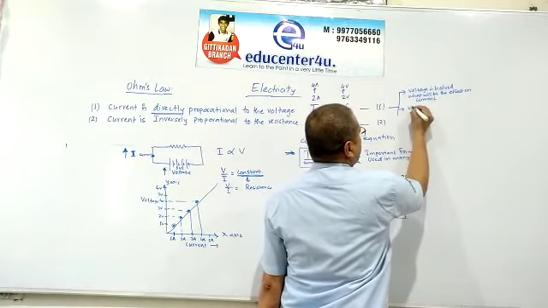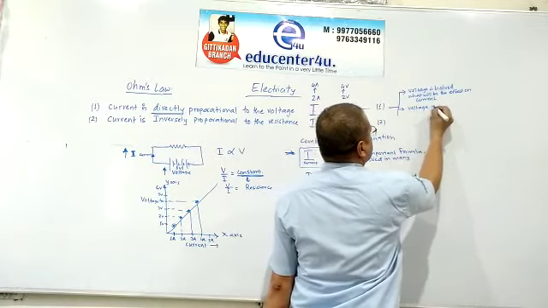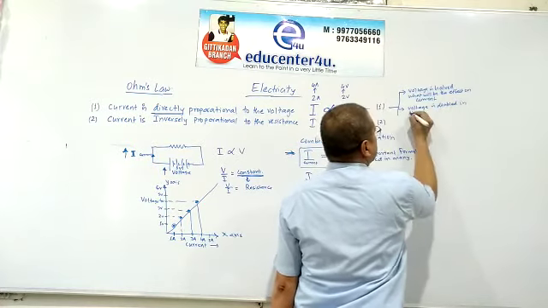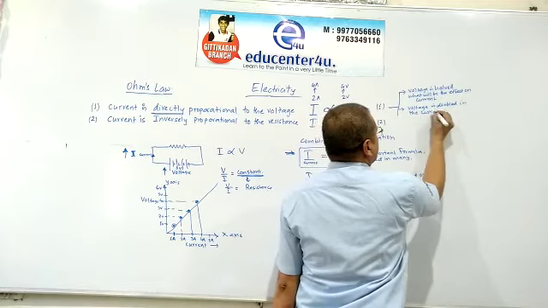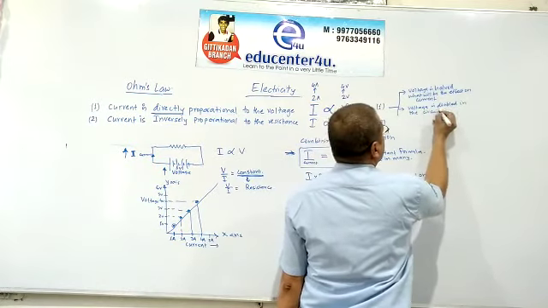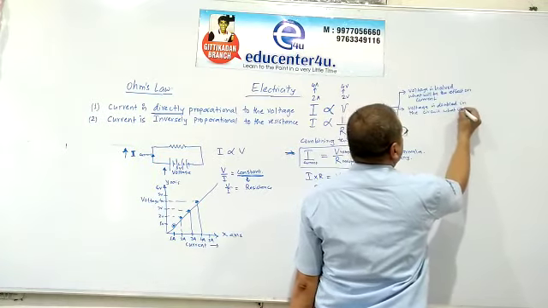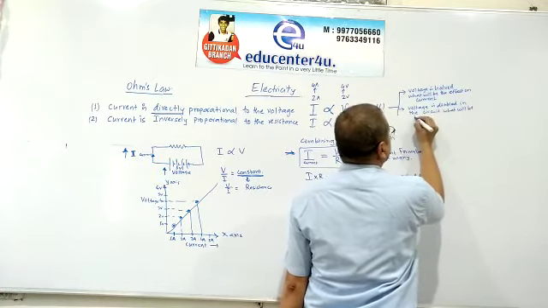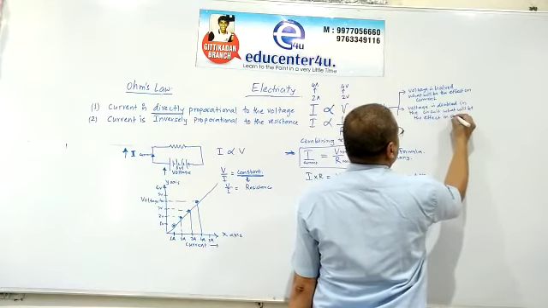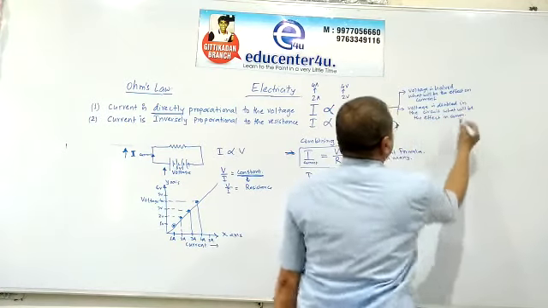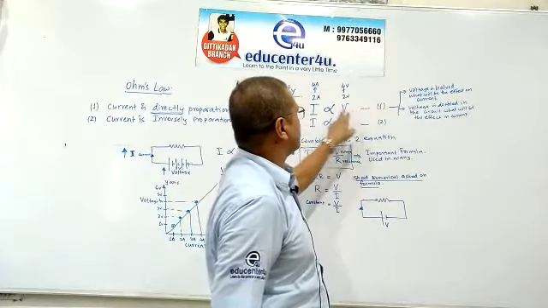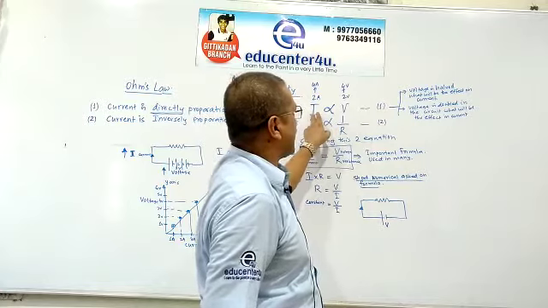Or if the voltage is doubled in the circuit, what will be the effect on current? This type of question will be asked in case of the relationship between V and I.